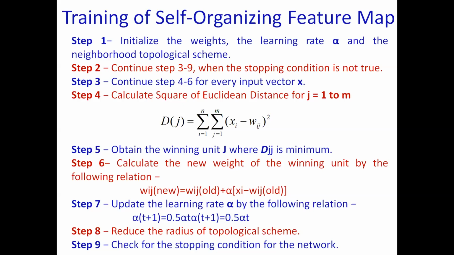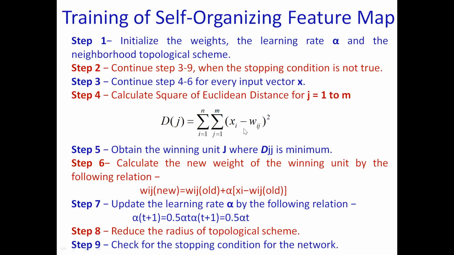Now, whenever we initialize any kind of training, there must be a stopping criterion. Until we have reached the stopping criterion, we need to perform certain steps, and we need to repeat those steps for every input vector x. First of all, we need to calculate a distance matrix, which we name the square of Euclidean distance.